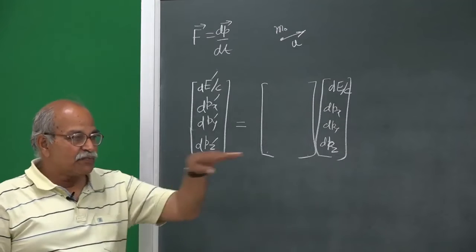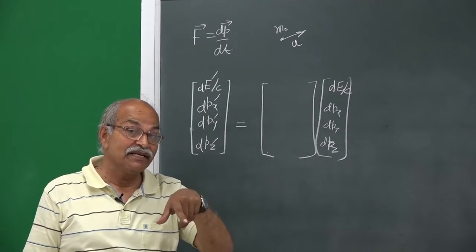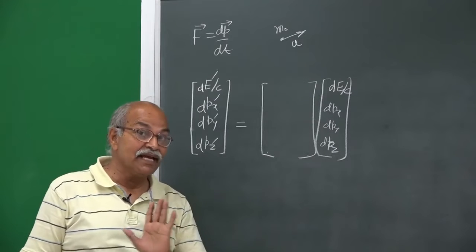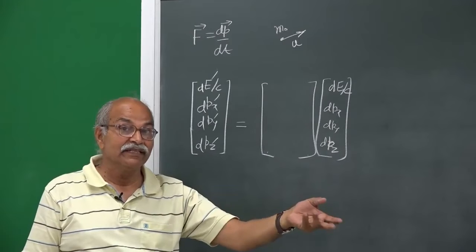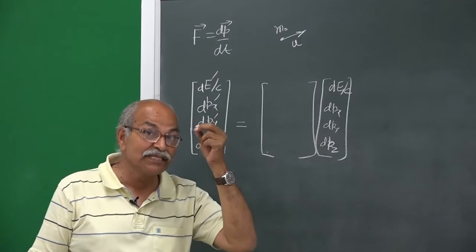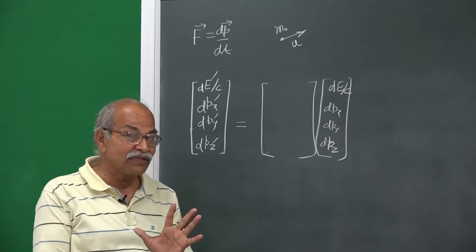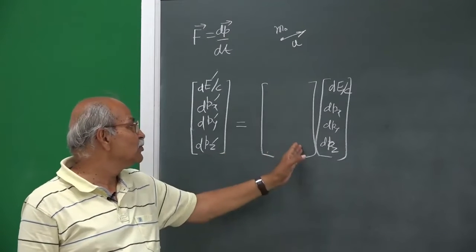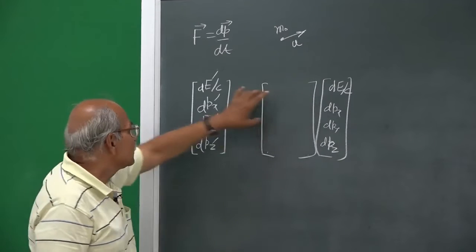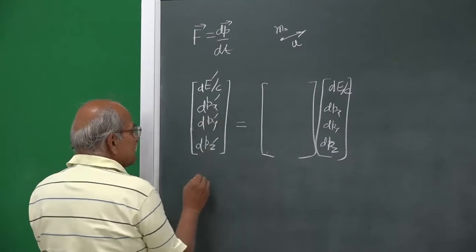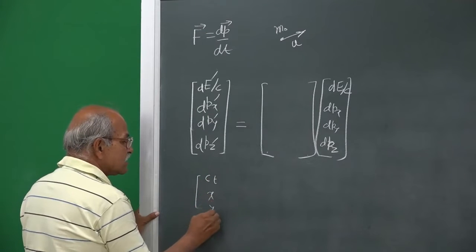And S and S prime follow the standard definition that we have been using from the very beginning: S prime moves in the positive x direction with a velocity v, and at the time of origin crossing t equal to 0, t prime is equal to 0, all those things. If I am sticking to that, then you know what this Lorentz transformation is, that gamma beta transformation, and remember, you have ct here, x here, y here and z here.